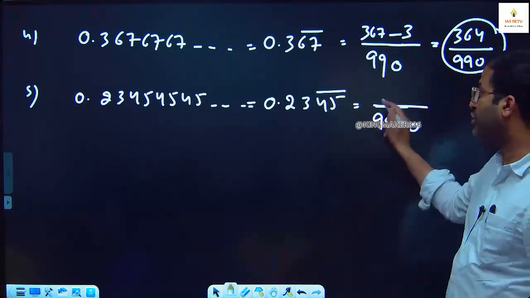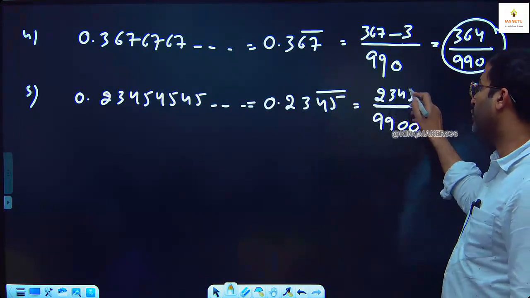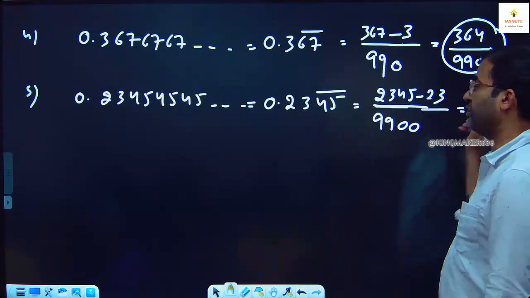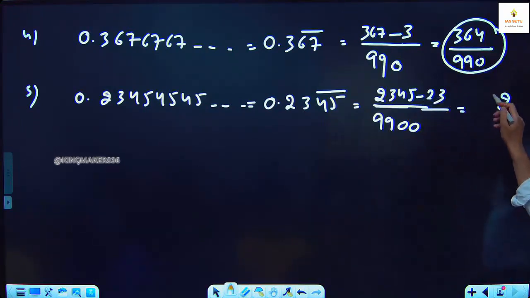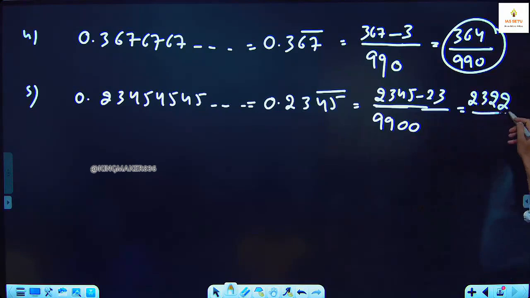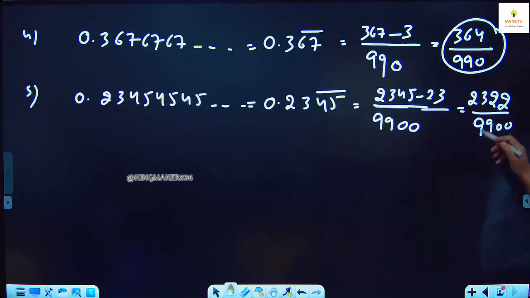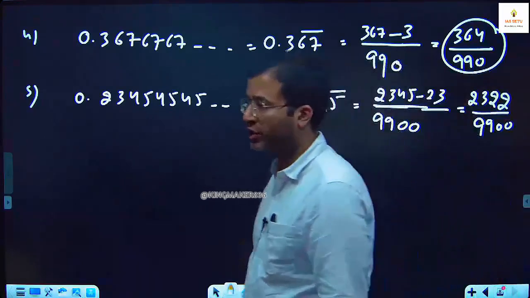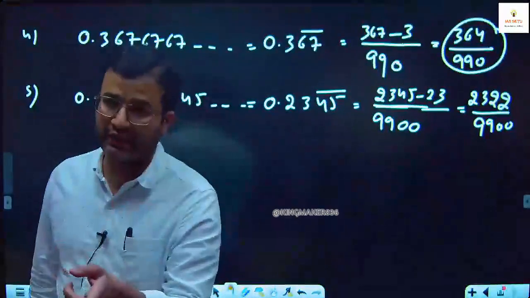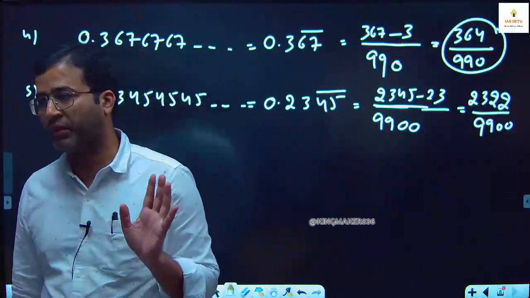Now second question, it is 2345 minus 23. 5 minus 3, 2; 4 minus 2, 2. This is 2322 upon 9900. Total number minus non-recurring part, denominator 9 and 0. Be careful, for what will 9 come, for what will 0 come.